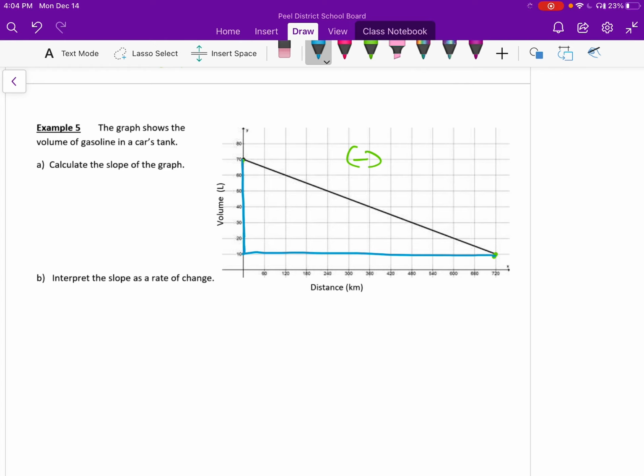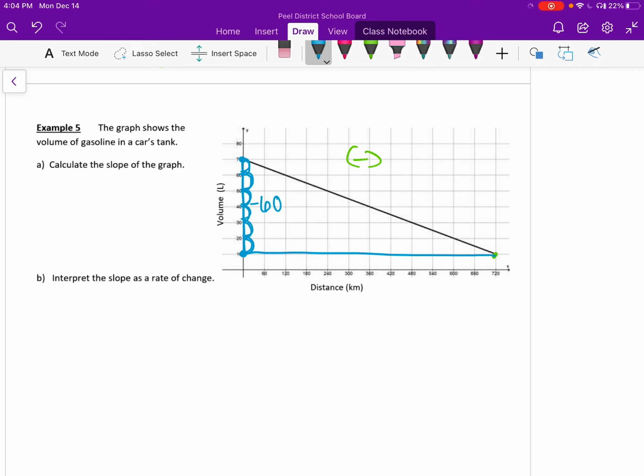So I'm going from 10 here up to 70. How can I find out what my rise is? I'm going to go 10, 20, 30, 40, 50, 60, or I could have just done 70 minus 10, either one. So I know my rise is negative 60 because it's going down, right? It's going 1, 2, 3, 4, 5, 6, going down 60.